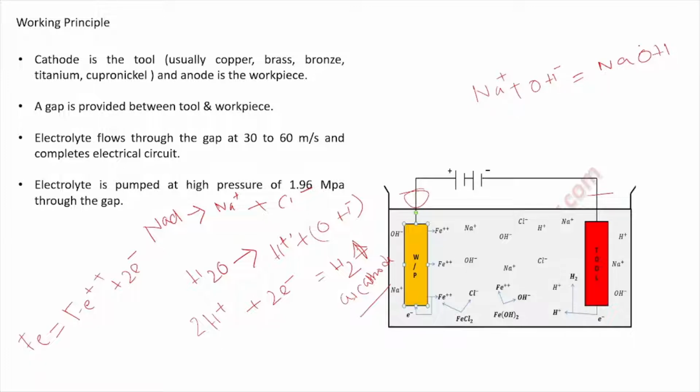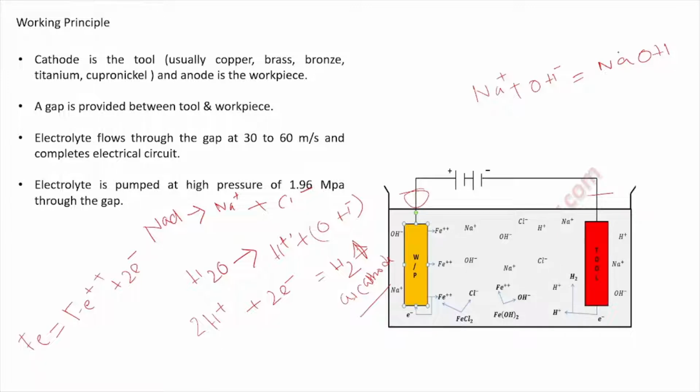FeCl2 and Fe(OH)2 would form, but only in the form of sludge. While machining, it is noted that the workpiece is gradually machined and gets precipitated as sludge.